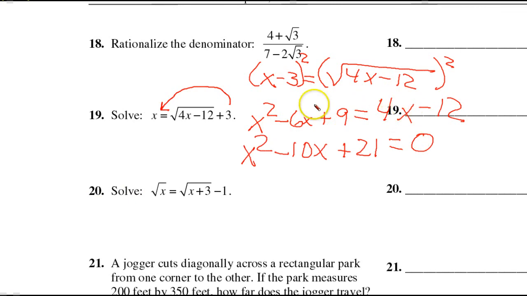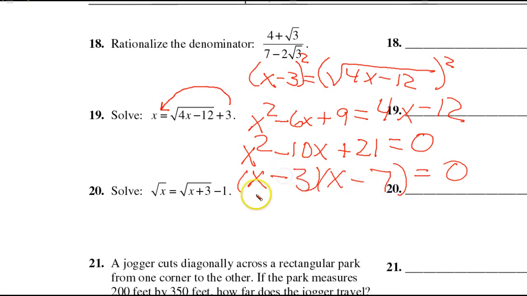So we bring the 4 over, it becomes a negative 10x. We bring the negative 12 over, it becomes a 21. We now factor that: x minus 7, x minus 3. So x here is 3, x here is 7.